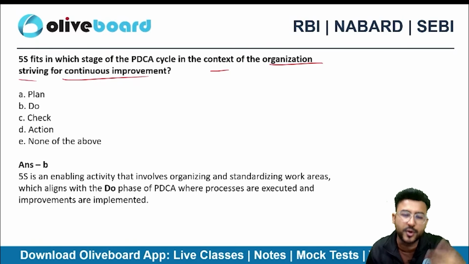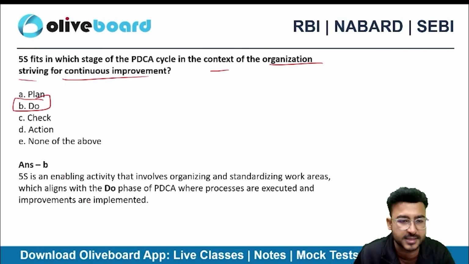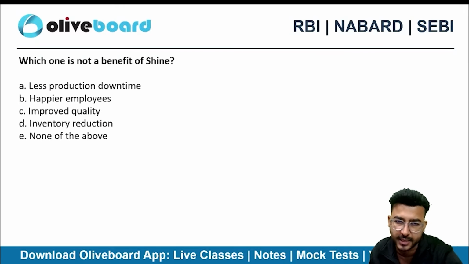So this is more related to the execution stuff, right? Option B here is the correct. 5S is an enabling activity which involves organizing, standardizing the work areas so that it is very much aligned with the do stage of the PDCA cycle.